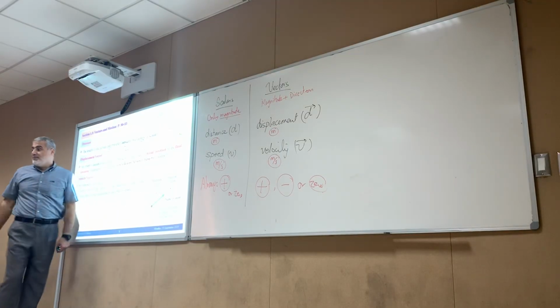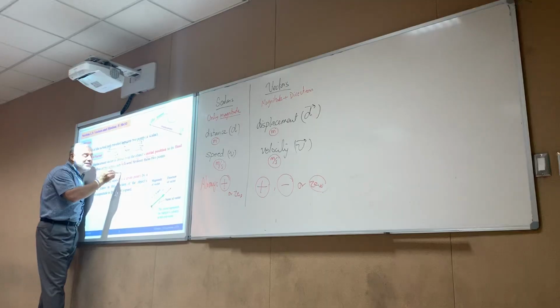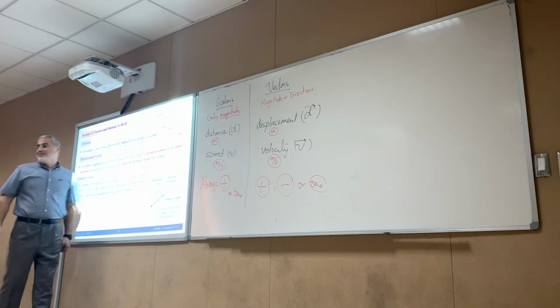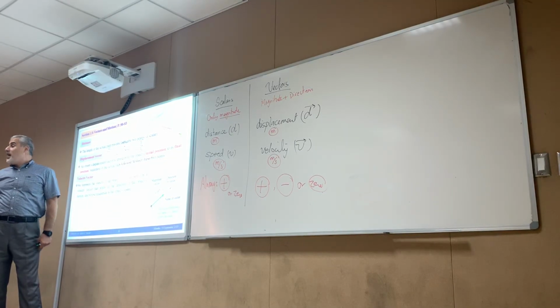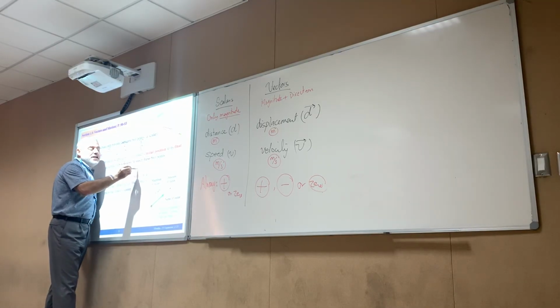Is that clear? Yes, because all of them are positive. Now, the displacement. 100 minus 70. Yes, I will make it clear for you. It is 100 plus negative 70.